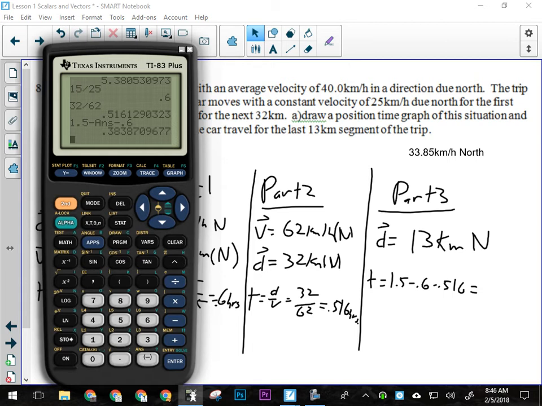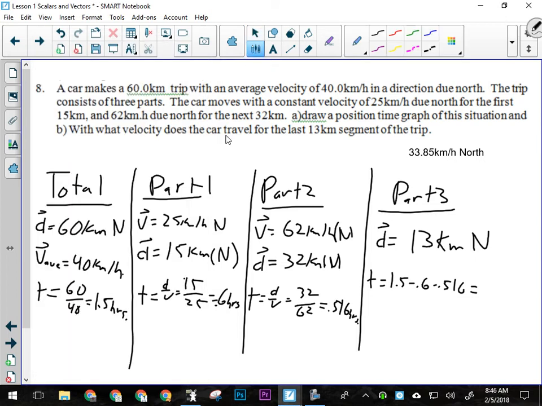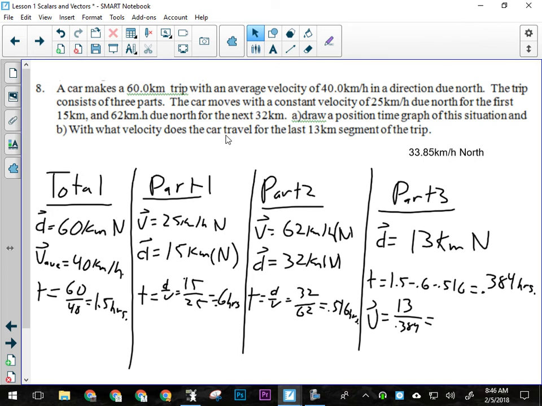I'm going to round to 4, but I'm going to keep all those decimals when I do my later calculation. So the last part takes 0.384 hours. Now I can figure out what my velocity is during that part. It'll be 13, the displacement, divided by the time, 0.384, but I'll use all the decimals there.